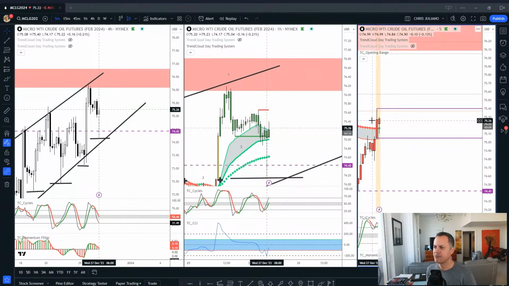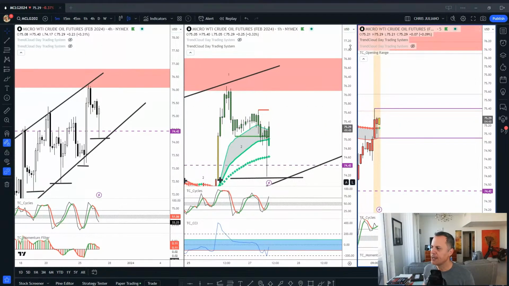And it gives you a little bit of context as to what price is going to do. So I really like using that for trading in the morning because I want to see if the opening range breakout fits the narrative on the other time frames.